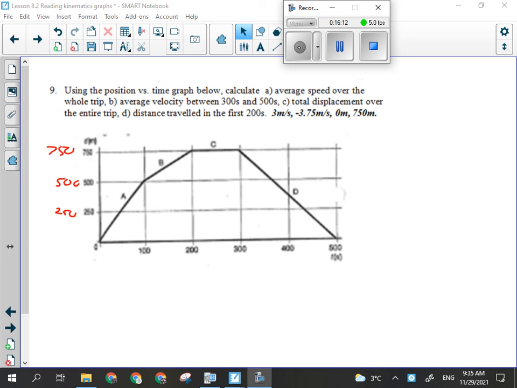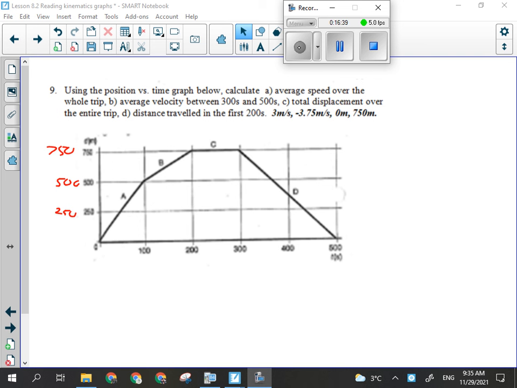So what we are seeing here is that the position of this object is changing by the same amount every time interval. It isn't going faster, or it would be a curve. It's a slope because its position is changing at a constant rate. And remember, velocity is change in position over time. So if it's showing a diagonal line, it's moving at a constant velocity because of that. So in part A, it's moving at a constant velocity.